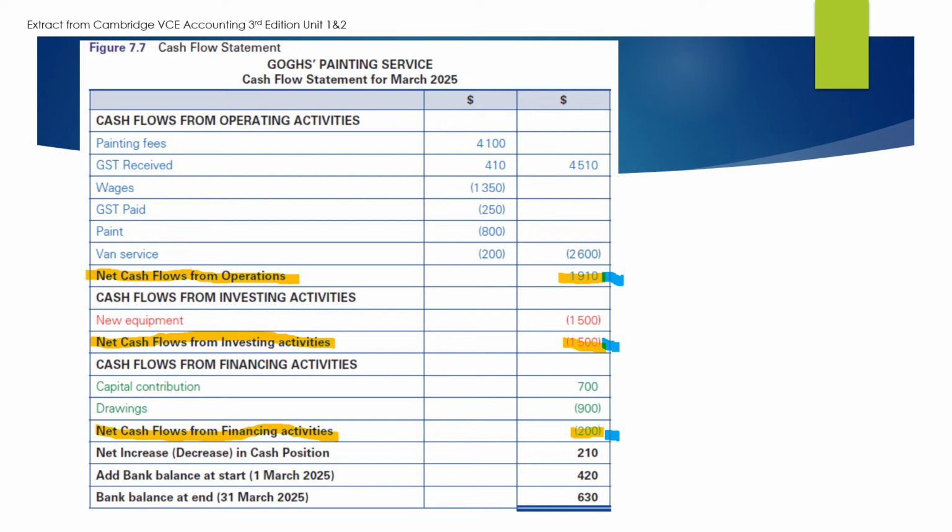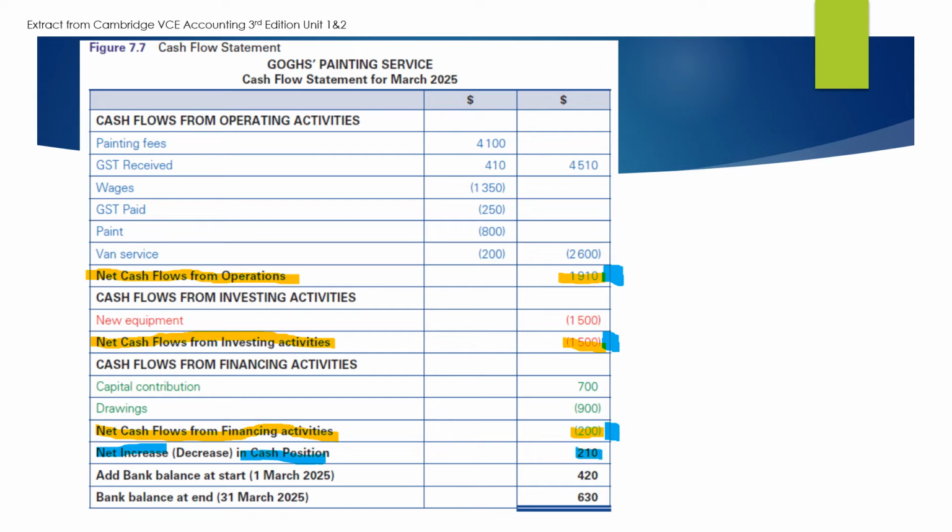This meant that we had more cash outflows than cash inflows from financing activities. Now what we need to do is to add up these amounts. So we take $1,910 minus $1,500 minus another $200 to give us a net increase in cash position of $210.